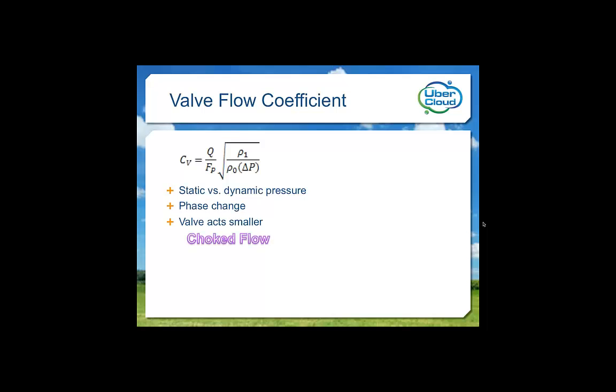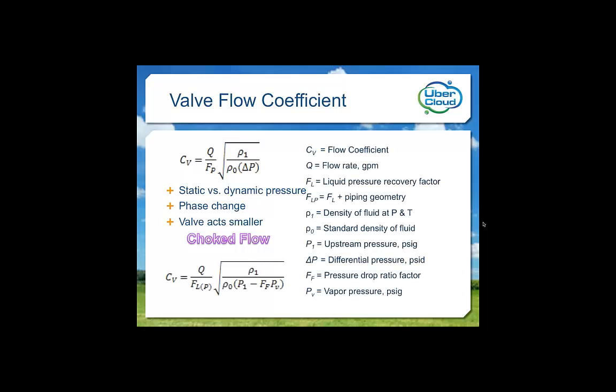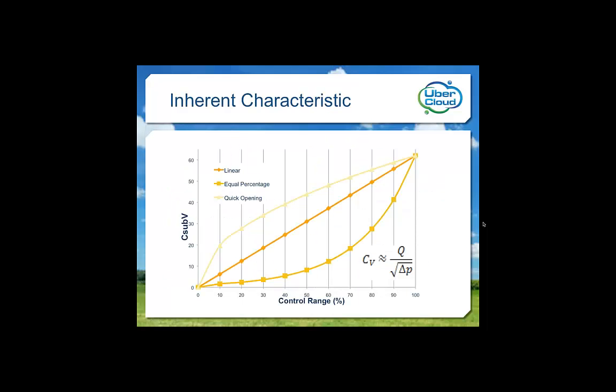Choked flow. In this region, given P1 and Q, the flow rate, the predicted C sub V requirement of the valve is increased by the reciprocal of F sub L and influenced by F sub F and the fluid vapor pressure.